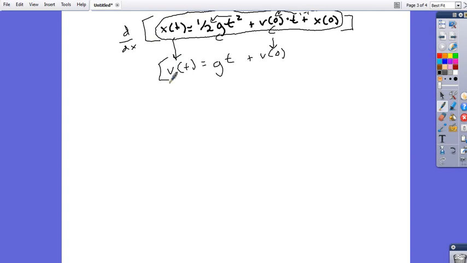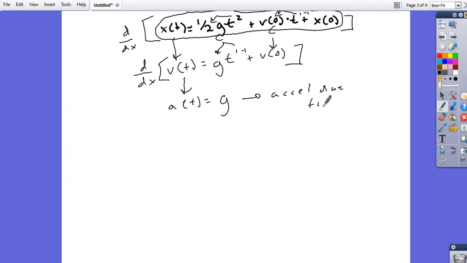Alright? Check this out. If I take the derivative of the velocity function, what do I get? Acceleration function. Sweet. Power rule, minus 1. The acceleration function is the gravitational constant, which is acceleration due to gravity. Alright, I hope I haven't bored you too much, but we'll have more funky position functions to work with, okay?